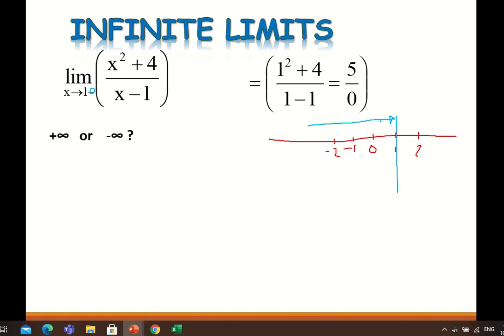This one is coming from the left. So what is a value here, for example? It's not equal to 1, so that could be 0.99999. Using that value, we can substitute.